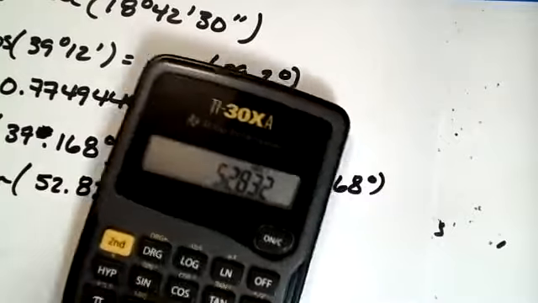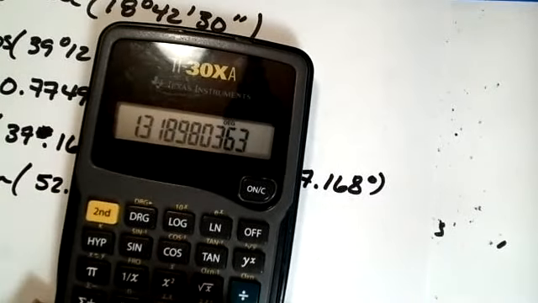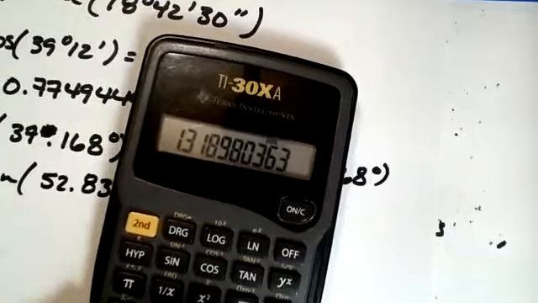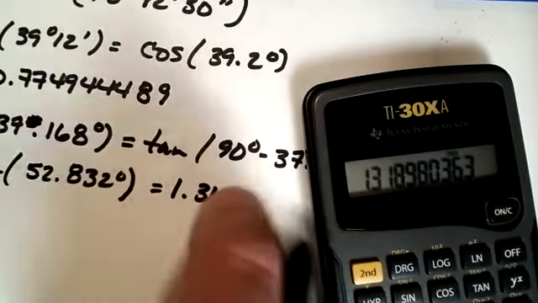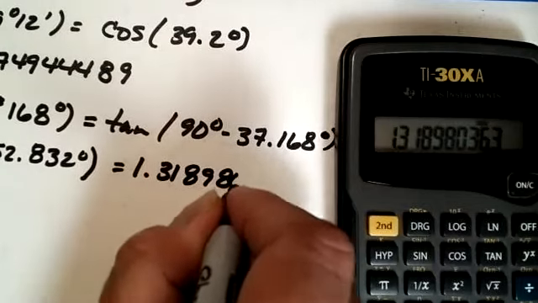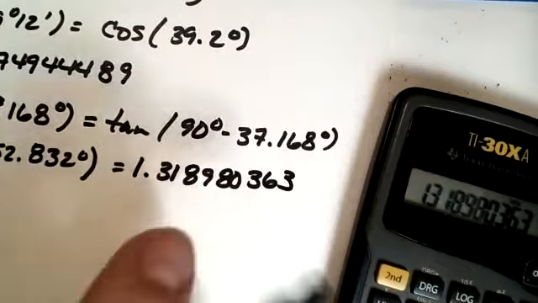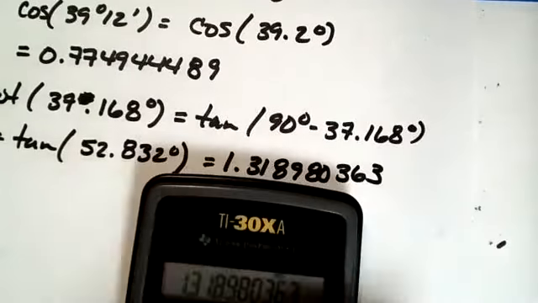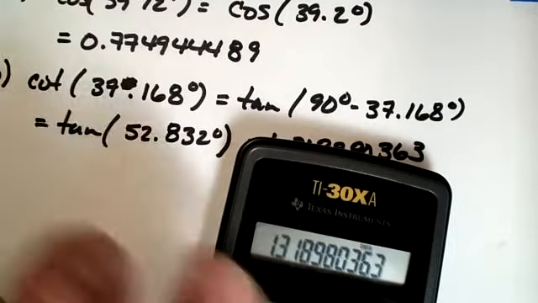And now I'm going to simply take the tangent of that, which is this kind of strange number, 1.318980363. And again, we don't know how many digits are really appropriate. It's based on a measurement, etc. So this is a quick way to do that.